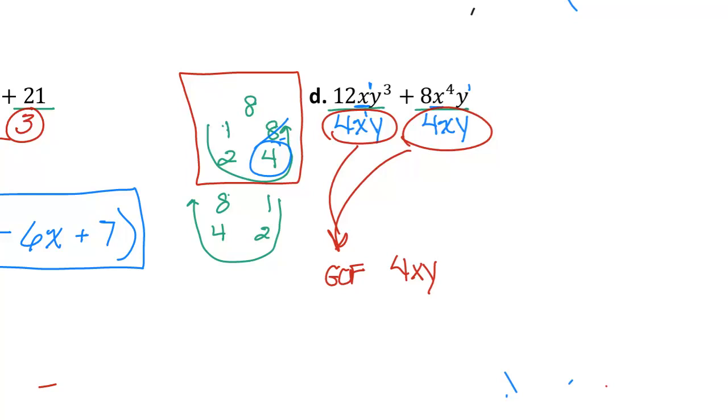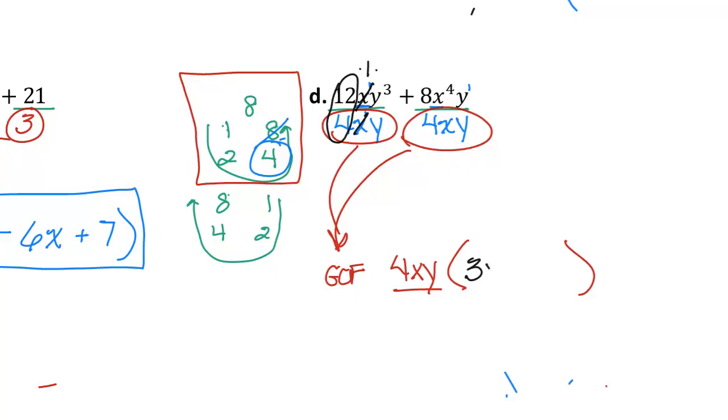If they want you to factor the whole thing, then you need that greatest common factor first, and then you also need to divide. So when I divide, 12 divided by 4 is 3. X to the first divided by x to the first, that cancels out to be just a 1. Y to the third divided by y, how many y's do I have left? 2.